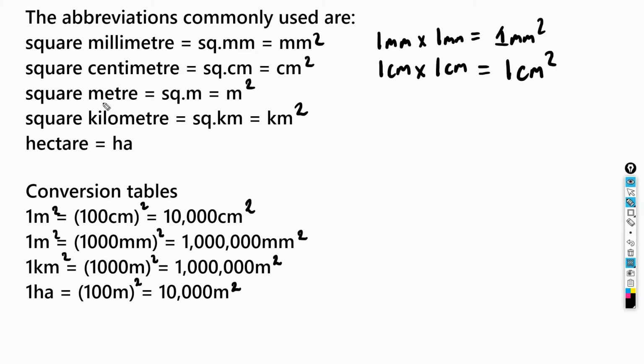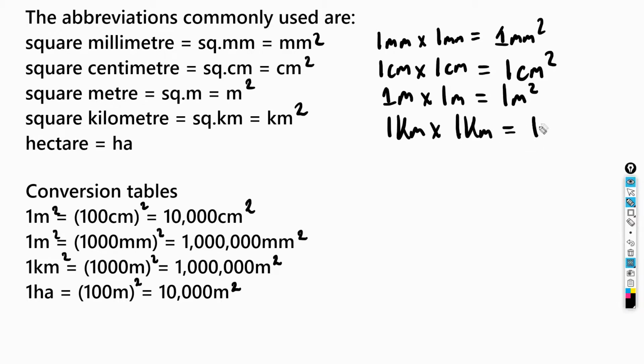Same thing with square meter. We did that earlier with the square. If you have 1 meter multiplied by 1 meter, you're going to end up with 1 meter squared. Same thing with square kilometers. If you have 1 kilometer multiplied by 1 kilometer, you're going to end up with 1 kilometer squared.